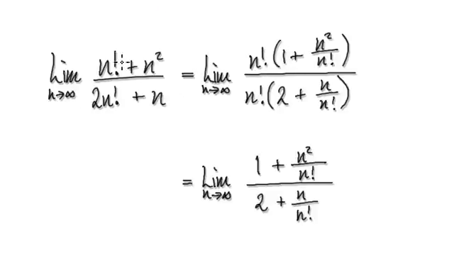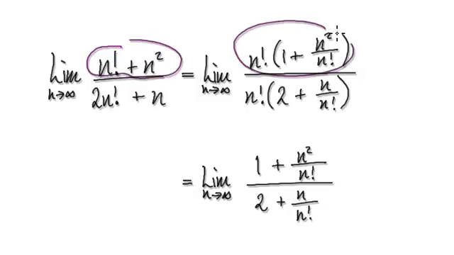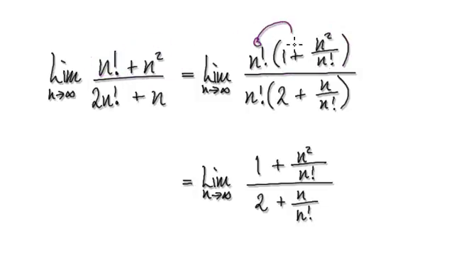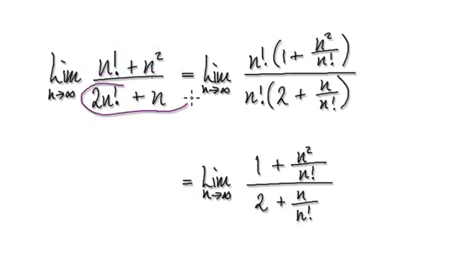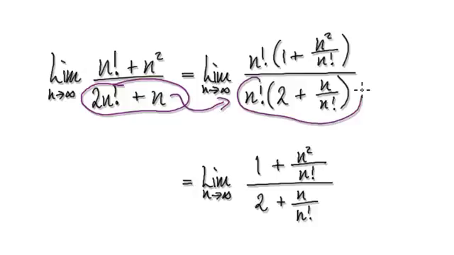So the trick to doing this is to factorize the n factorial. So rewrite this as this, because if you multiply this out, this times this times this, it will give you this thing here, and then factorize the n factorial out. This will then become this.